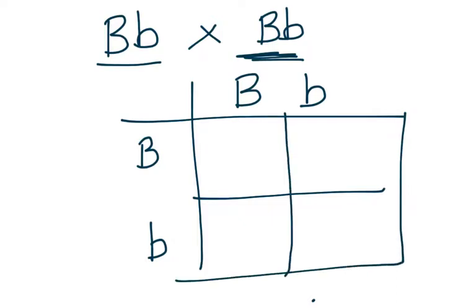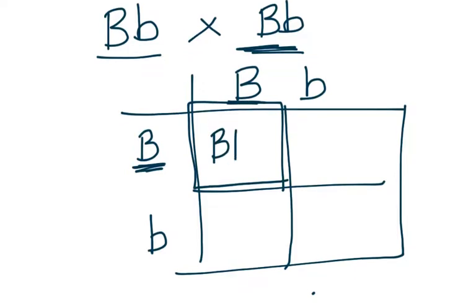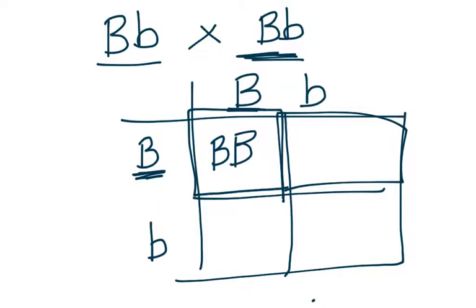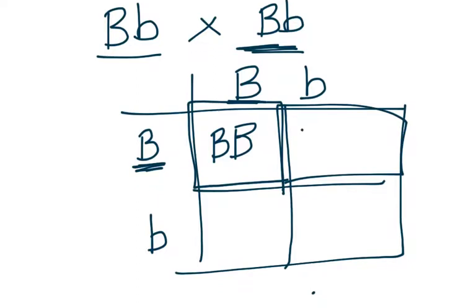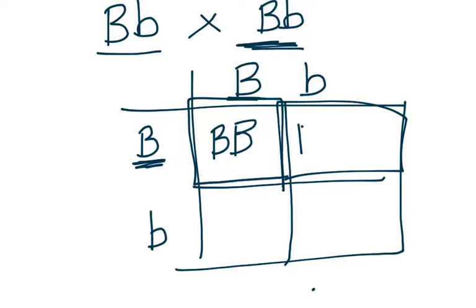So in this first square, I'm looking at this one right here. I have a big B and a little b. In this square over here, I have a big B and a little b from that parent.